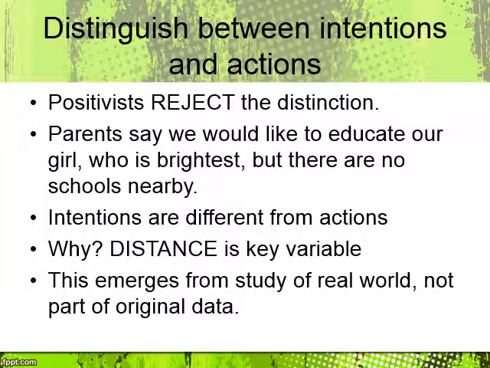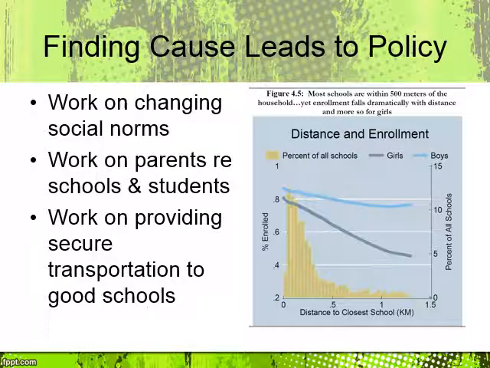When you actually go and look at what is happening, you talk to people, and this is something which cannot be done by looking at numbers alone. So here is this survey which shows that the bright blue line is the fall in enrollment as the distance to the closest school increases.